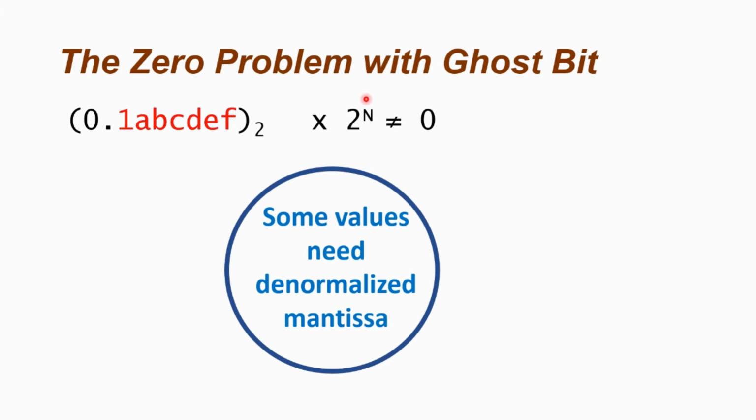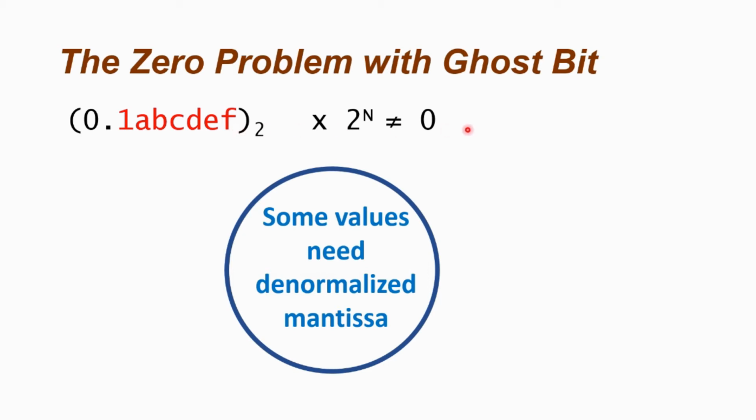But this creates a new problem. Since the first digit after the decimal point is always 1, whatever we have after that, 0.1 and some bits, multiplied with 2 raised to any power is not equal to 0. Why? Because 2 raised to any power, positive or negative, is not 0. And that multiplied with this value, which is never 0 because of 0.1 and some bits here, we cannot represent 0 here.